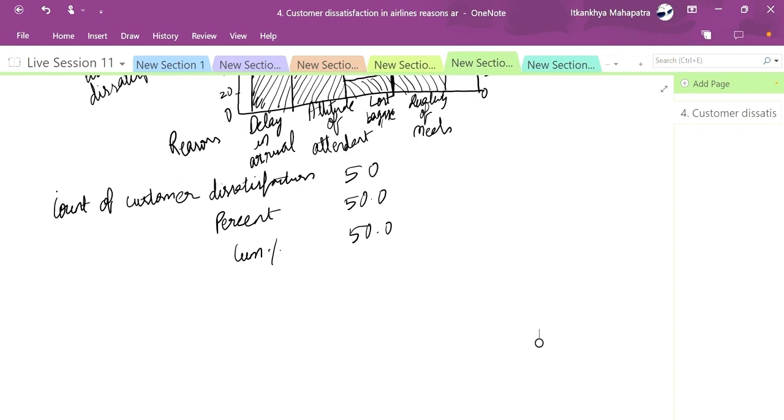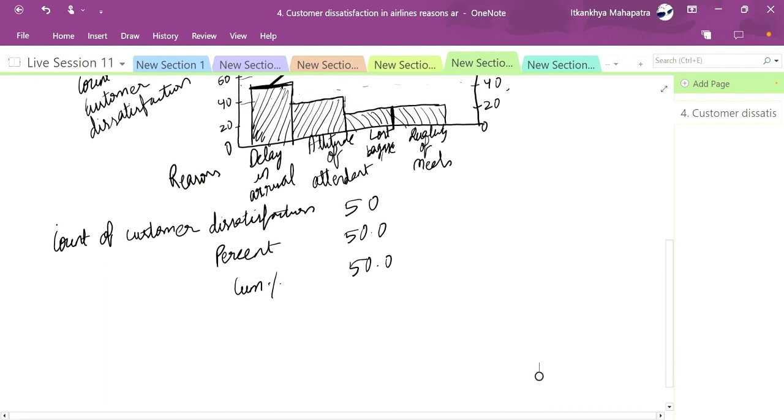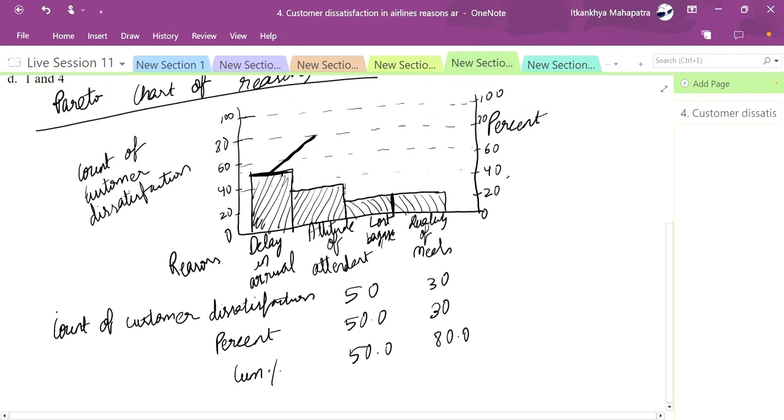Next, when the count of customer dissatisfaction is 30, the percentage is 30, and the cumulative percentage is now 80. So we draw a line from here to here.